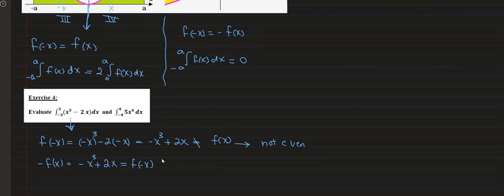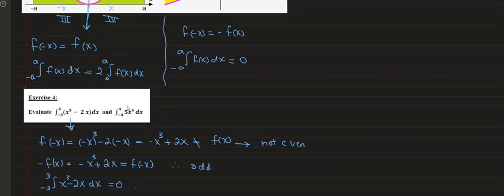If f of negative x is equal to negative f of x, then it's an odd function. And if it's an odd function, then the integral from negative 3 to 3 of x cubed minus 2x dx is equal to 0.